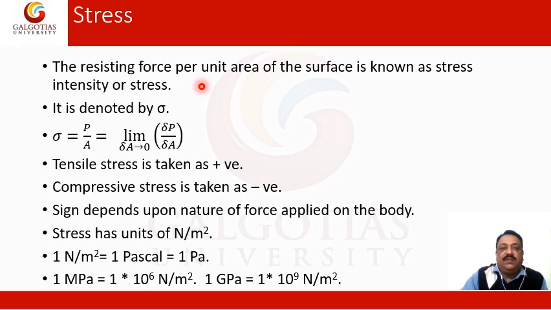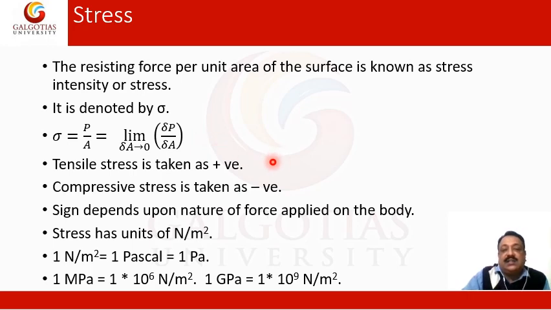So the resisting force per unit area of the surface is known as stress intensity, or simply stress. It is denoted by sigma, and sigma is defined mathematically as P by A. If you consider the elemental force delta P and the elemental area delta A, which is resisting the deformation, then in the limit delta A tending to 0, delta P by delta A is considered to be the value of the stress.